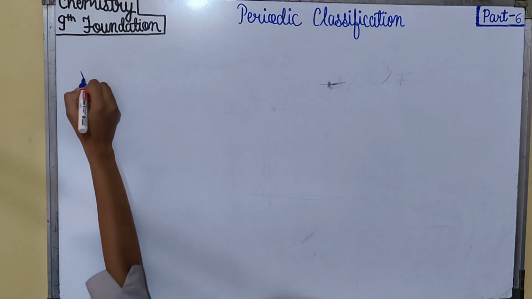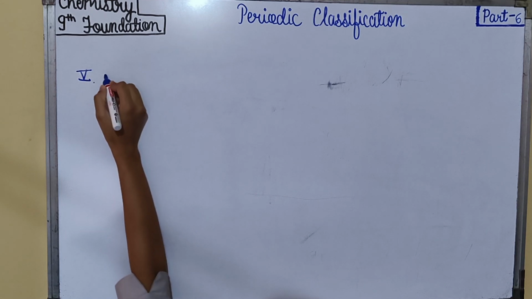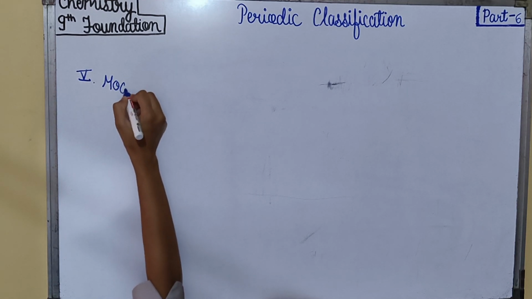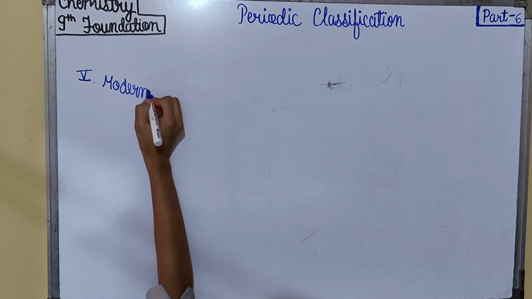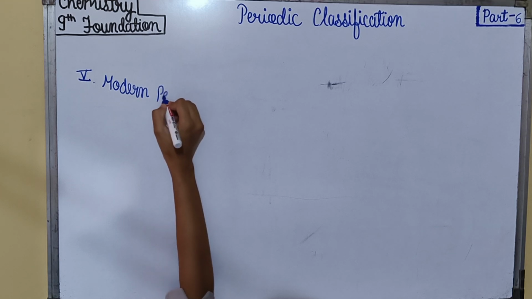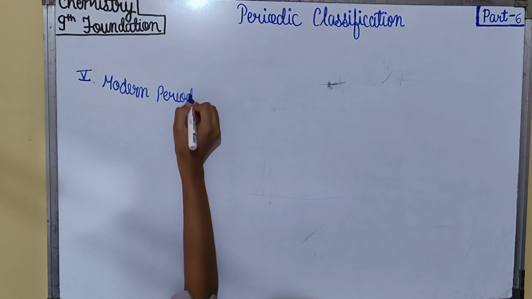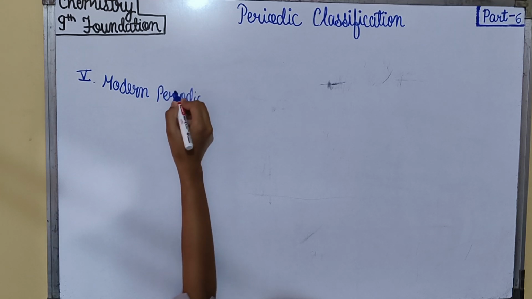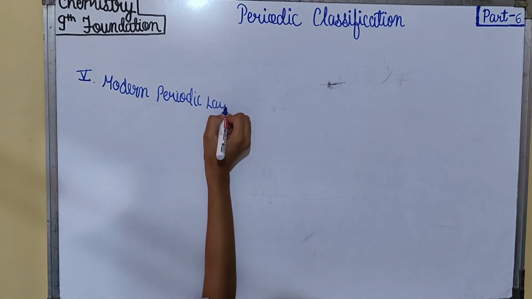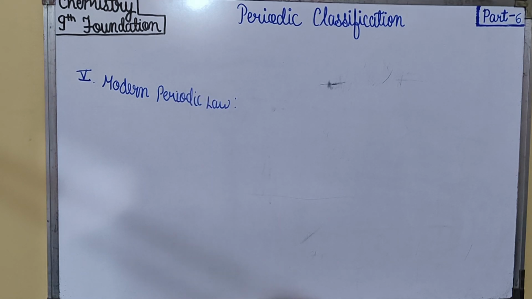Fifth discovery, modern periodic law. Now, in this periodic law, this is the journey from Mendeleev to Moseley.